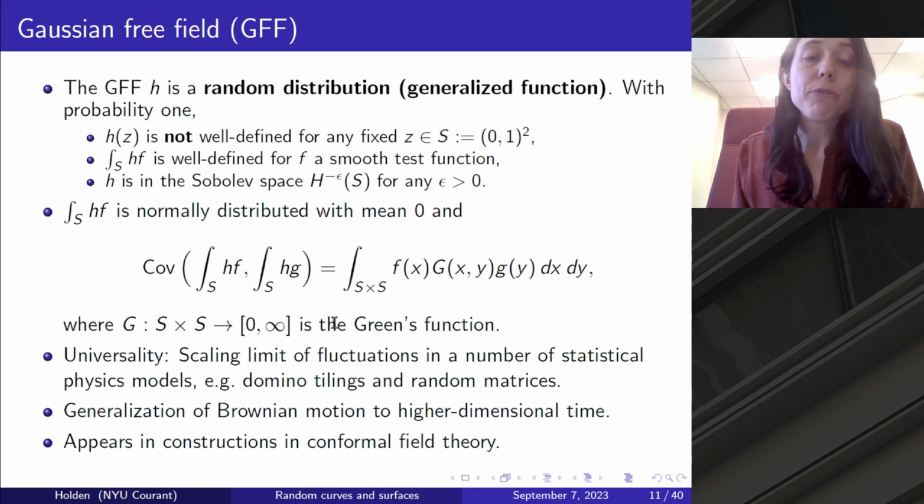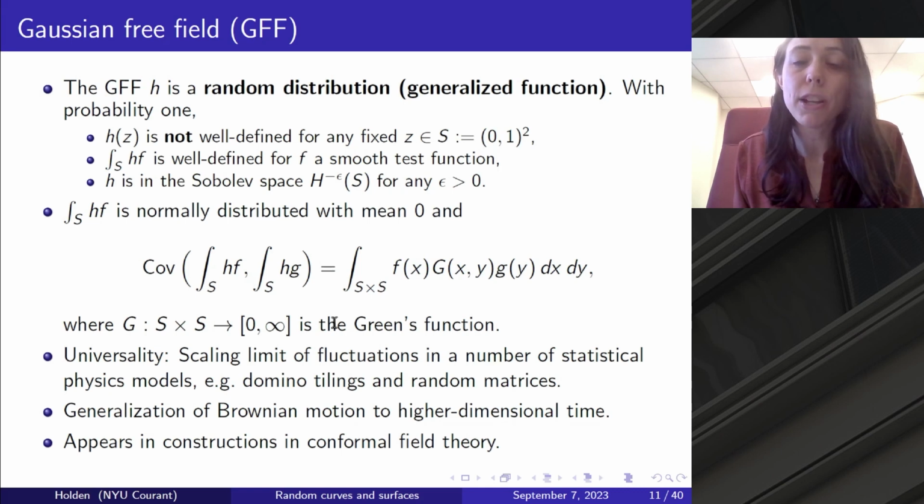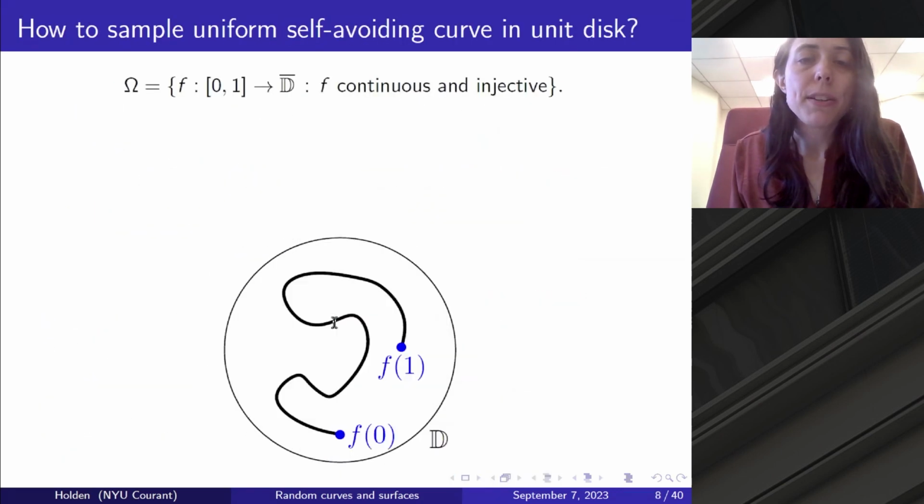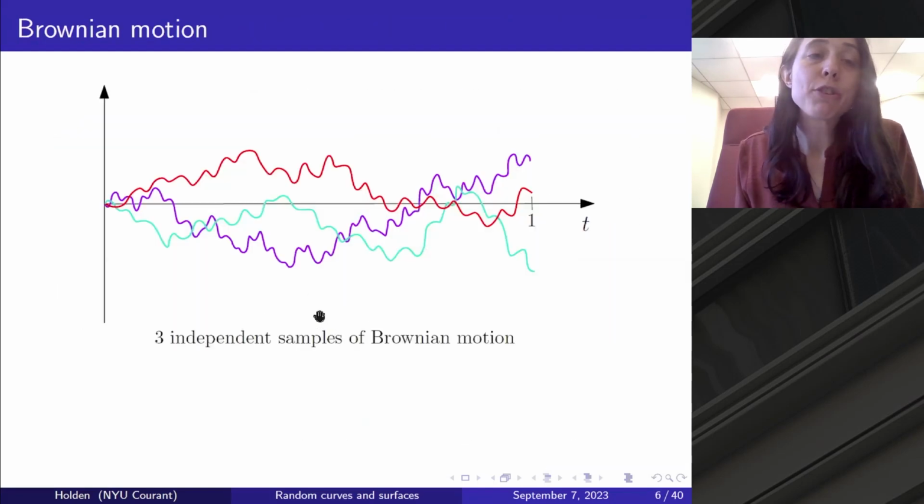Another reason that the Gaussian free field is interesting is because one can argue that it is a natural generalization of Brownian motion to the case of higher dimensional time. So you may remember that the Brownian motion is a random function from some one-dimensional set to some one-dimensional set.